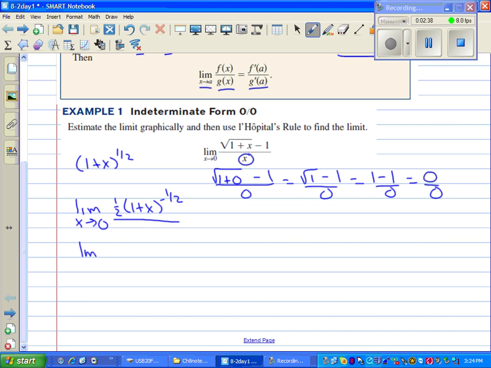So we have the limit as x approaches 0 of 1 over 2 times the square root of 1 plus x. Now we can actually plug 0 in and not get an indeterminate form. We have 1 over 2 times the square root of 1 plus 0, which is 1 over 2 times the square root of 1, which is simply 1/2, and that is the actual limit of this function.